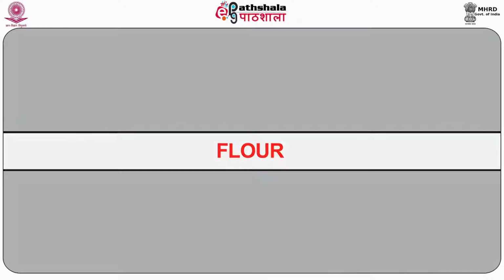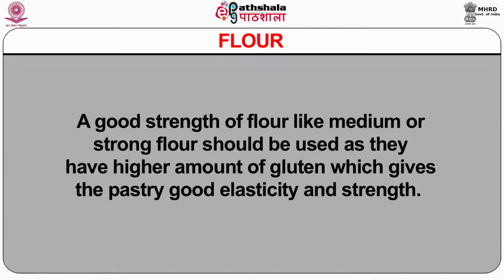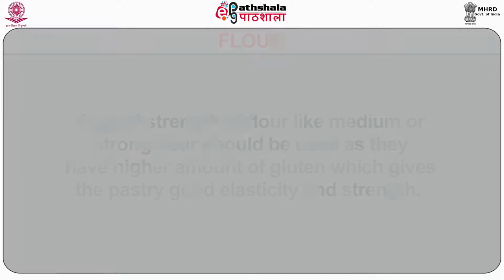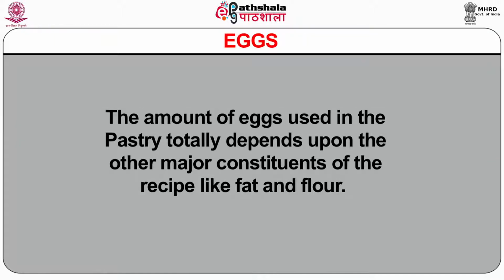Basic components of choux paste. Flour. A good strength of flour like medium or strong flour should be used as they have higher amount of gluten which gives the pastry good elasticity and strength. Eggs. The amount of eggs used in the pastry totally depends upon the other major constituents of the recipe like fat and flour.